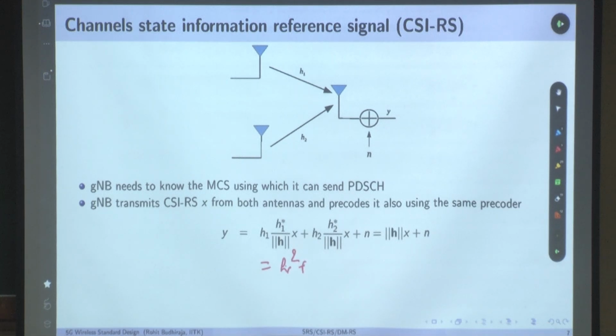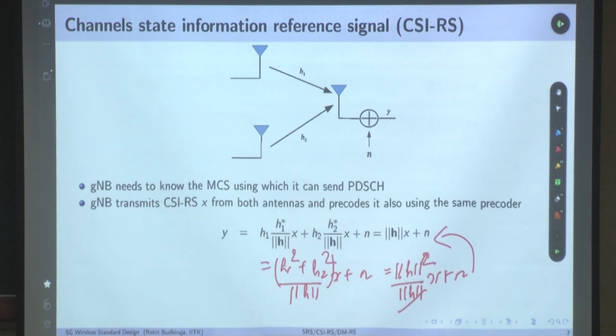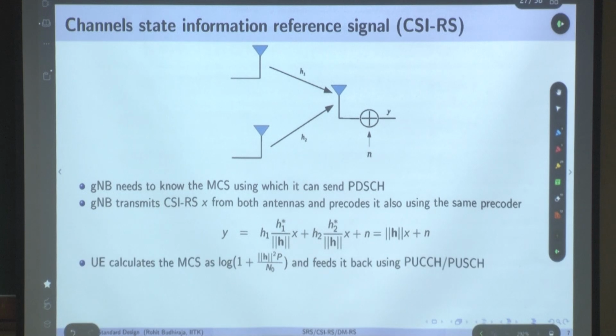It is h1 square plus h2 square by norm of h into x plus n. And what is this? It is the norm square, this gets cancelled and you get this, that is what I am writing over here.